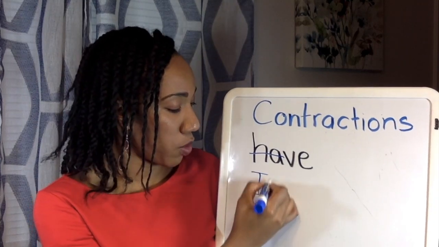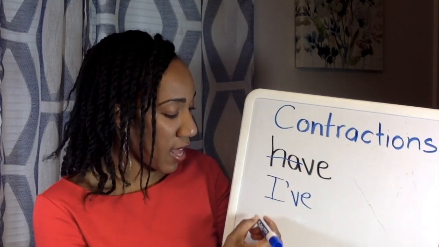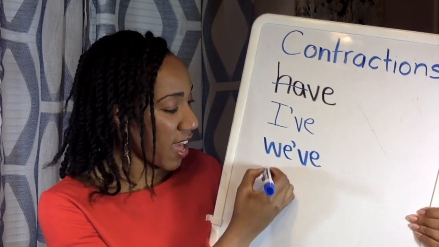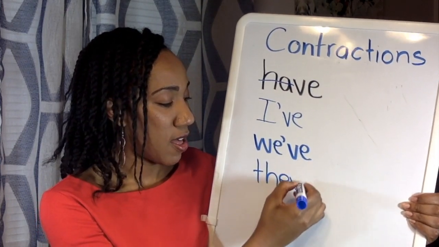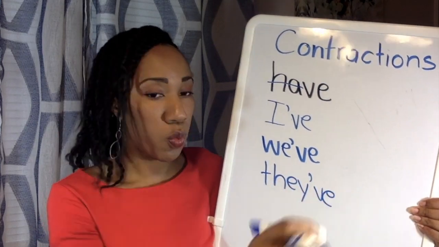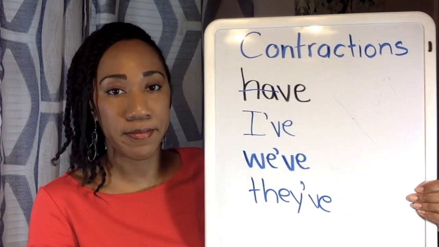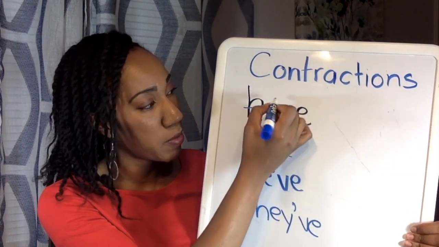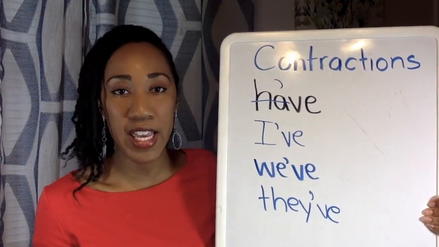So I have would become I've, we have would become we've, they have would become they've. When you are making a contraction with have, you get rid of H-A and it's going to be apostrophe V-E.